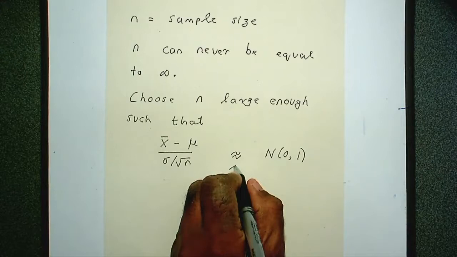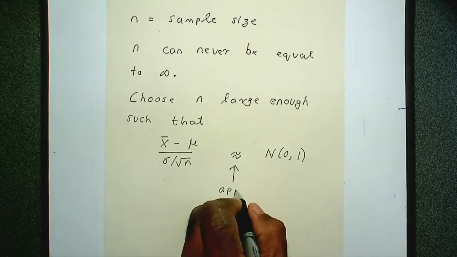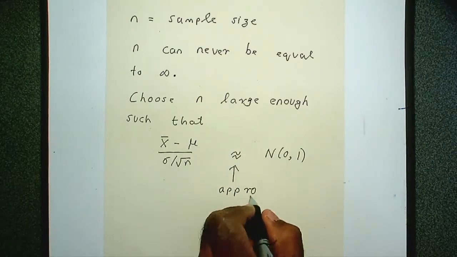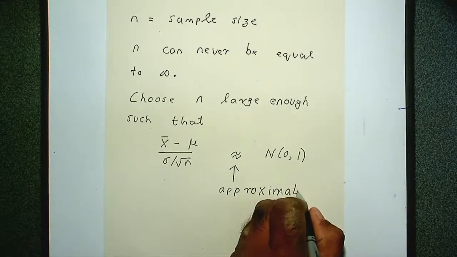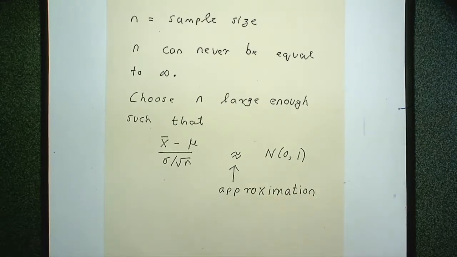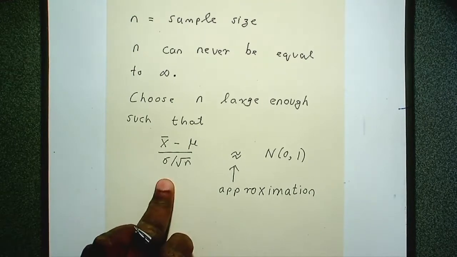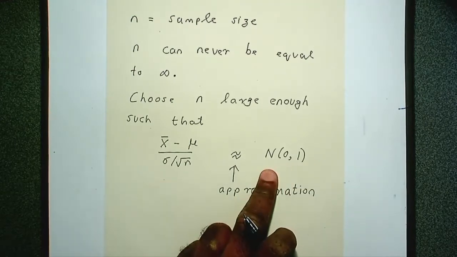This guy here means approximation. So what I'm saying is that you choose n, the sample size, say to be 100 or 1000, whatever you think is large enough, so that the distribution of this is approximately equal to the standard normal distribution.